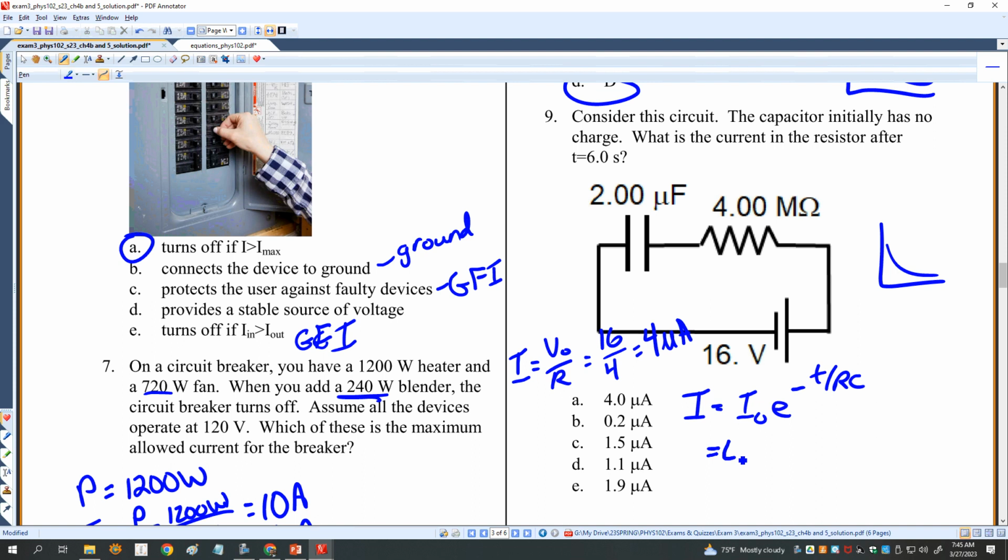So I have 4 microamps e to the minus 6 over 8. 8 is 2 times 4, RC is 8. So we get 1.89 or 1.9 microamps.